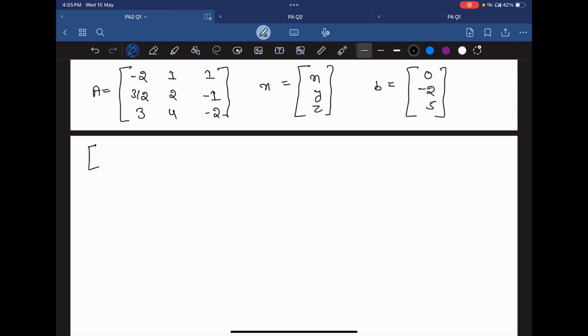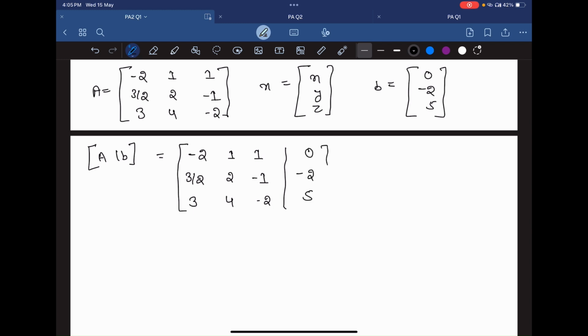Now the augmented matrix would be minus 2, 1, 1, 3 by 2, 2, minus 1, 3, 4, minus 2, and our B matrix, that is 0, minus 2, 5.